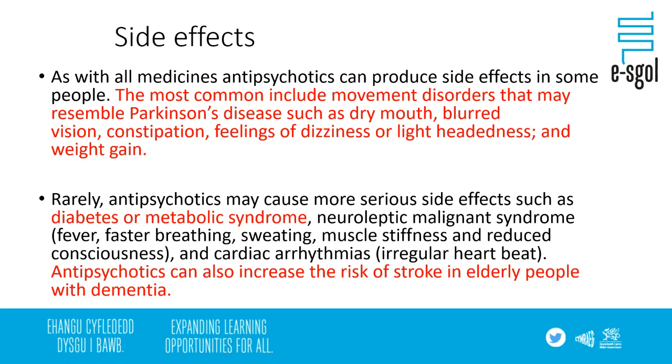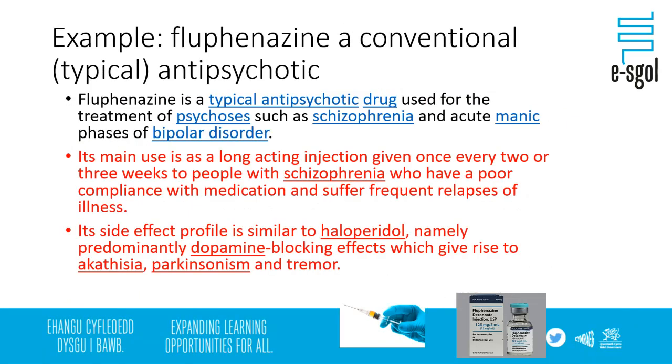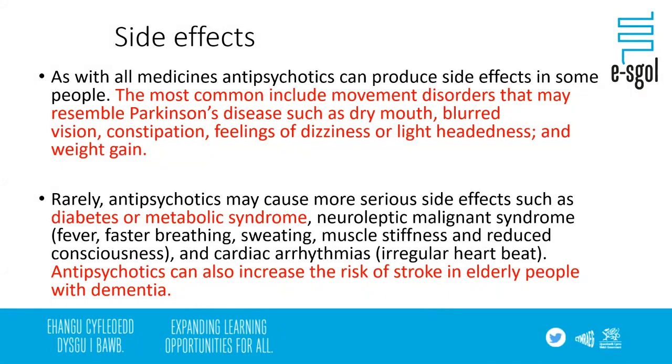The most important things you need to include here, like I said, are synaptic transmission, how the drugs work in the brain, the different types of drugs, and then the examples that I've given you, which are here, clozapine and fluphenazine, and bringing in side effects as well.